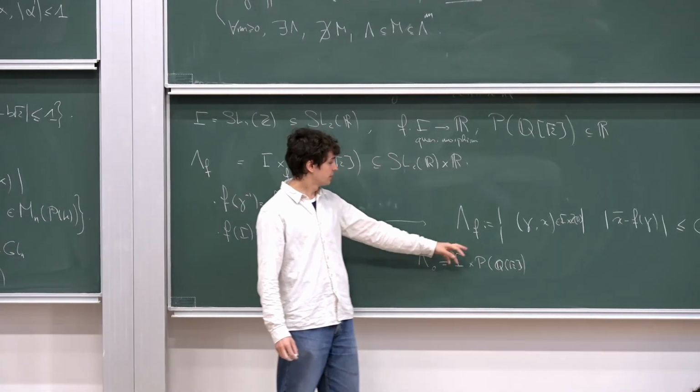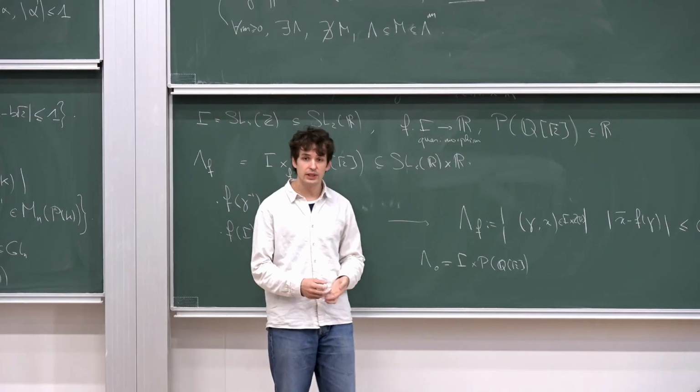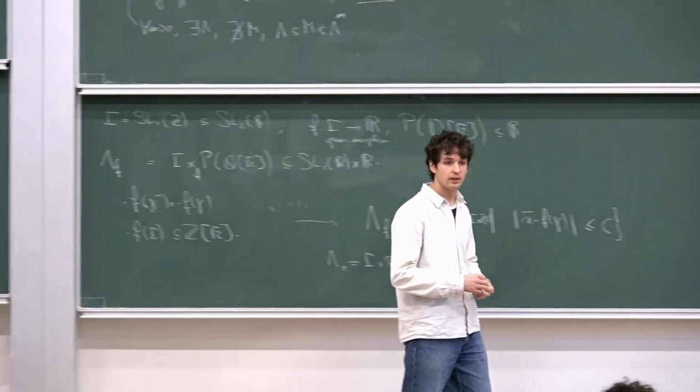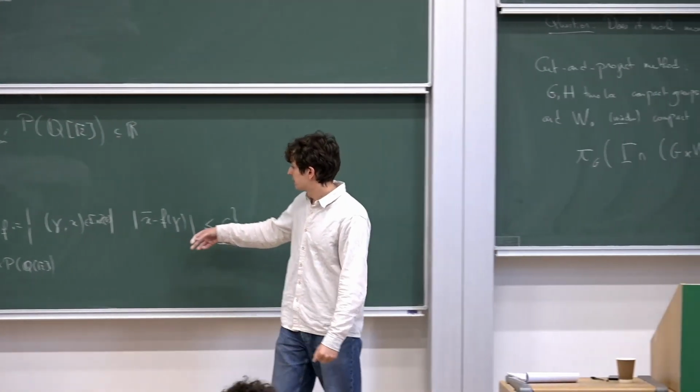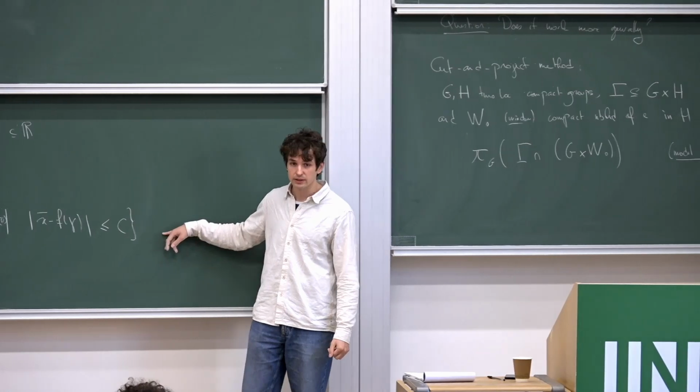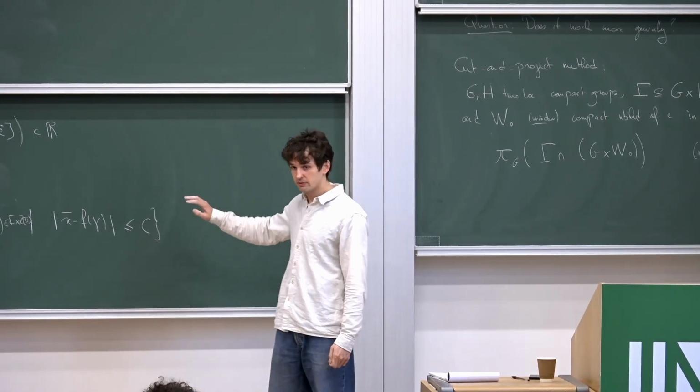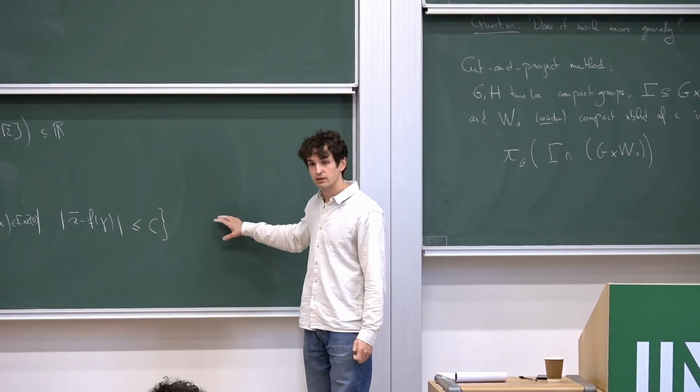Essentially, if f is within bounded distance of a homomorphism, this is a model set. And if f is not, this is never a model set.